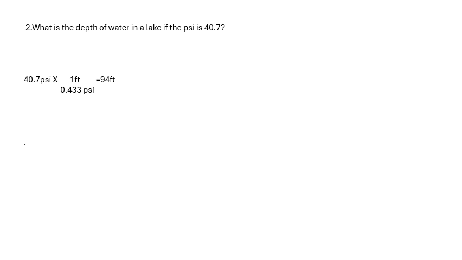Your PSI is going to cancel out, leaving you with feet. And again, the answer is 94 feet. So just to reiterate, and we'll keep going through the next few math problems, I'll probably put them on the slides together: the 2.31 per PSI and the 0.433 per foot are interchangeable for answering these questions.